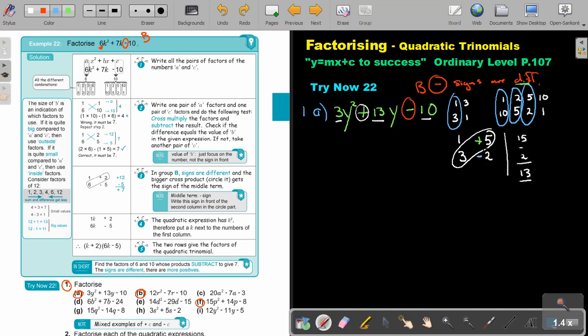And then it's y squared, y, so focus there, put the y, put the y. And then what do I get? I get y plus 5, and I get 3y minus 2. And that's my final answer. Let's look at number B.